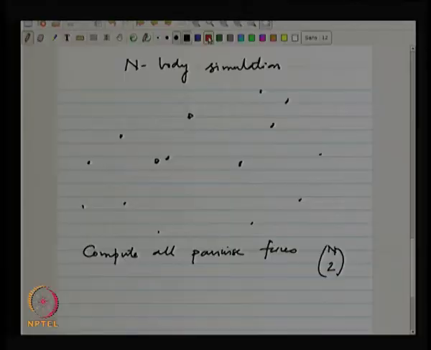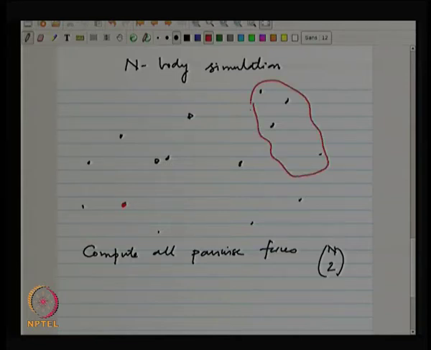Right. So, one technique that people have used very successfully is, when you look at all these particles, instead of computing the pairwise forces, this particle, for instance, is kind of far from all these particles.